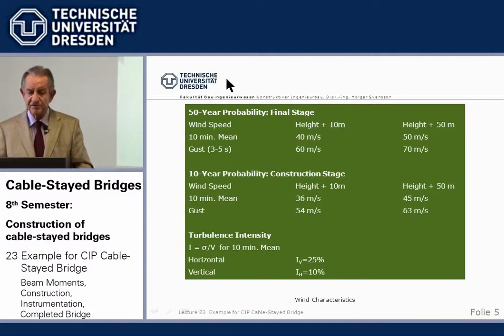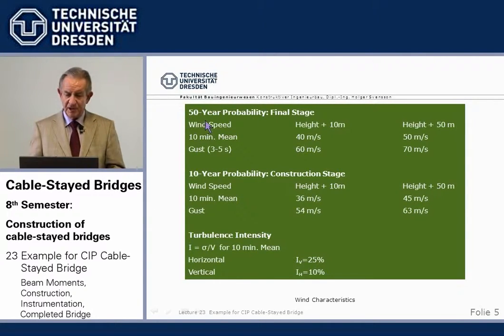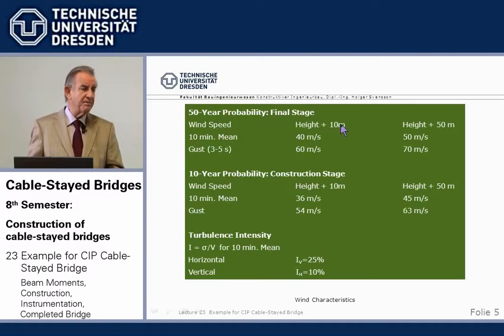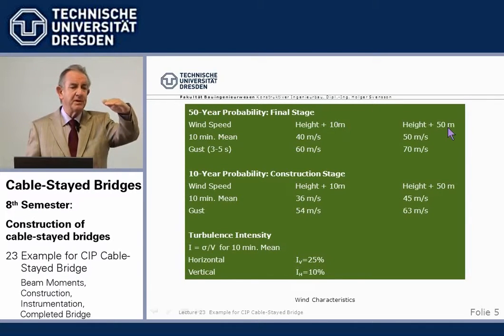Now, what does strong storms mean? We have listed here a 50-year probability assumed. That was in accordance with the Norwegian codes. 50-year probability for the final stage, and for construction a 10-year probability, that's shorter. And the wind speed, the reference height, as you may remember from our lectures on dynamics, is at plus 10 meters worldwide, but we are interested especially at plus 50 meters, which is the height of the beam, 50 meters above the sea.